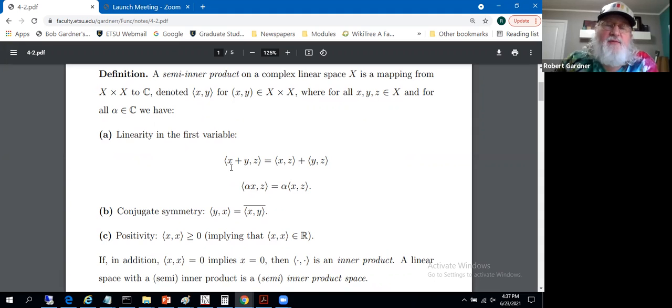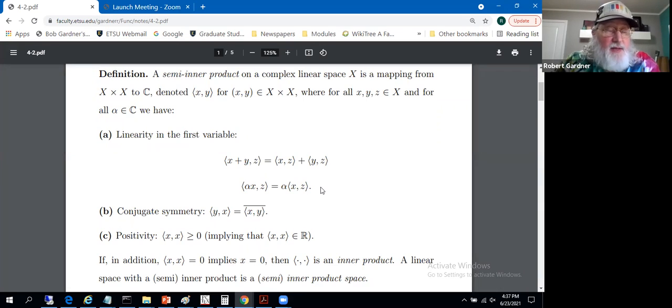That is, the inner product of X plus Y with Z equals the sum of the inner product of X with Z plus the inner product of Y with Z. So we've broken it up over the vector addition in the first variable. And the inner product of alpha X with Z is the same as alpha times the inner product of X with Z. So we can bring scalars outside of the inner product when they're in that first position.